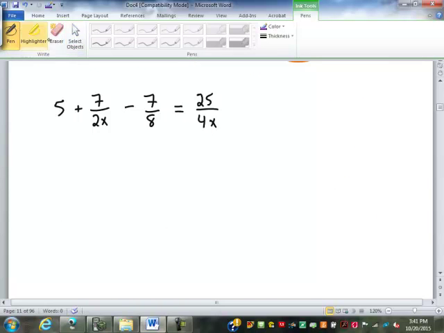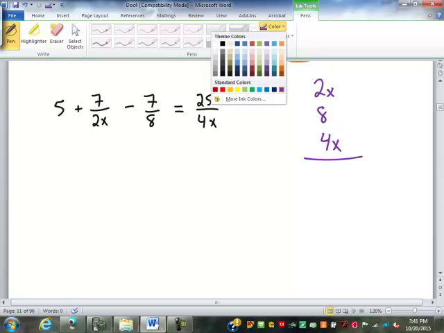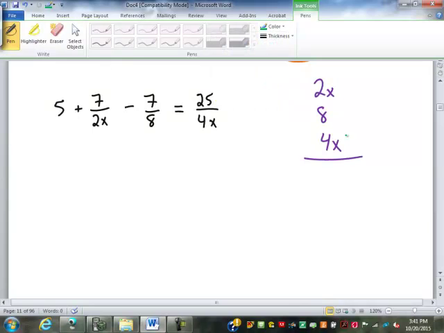So we have denominators of 2x, 8, and 4x. Now for the numbers 2, 8, and 4, what's the common denominator going to be for those numbers? 8. For the variable, the largest power is just the x to the 1, or just x. So 8x is my least common denominator.